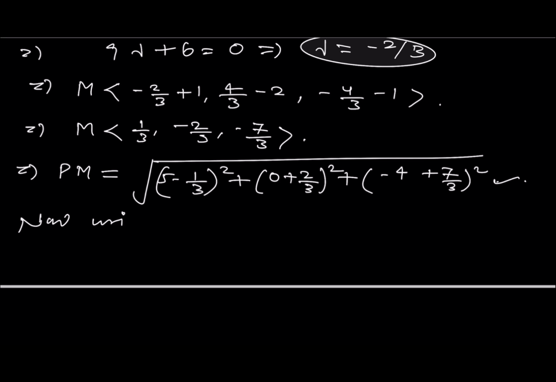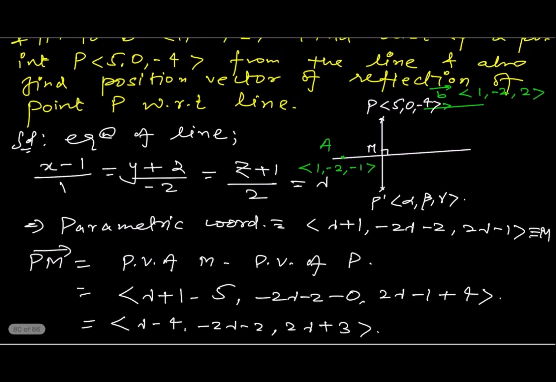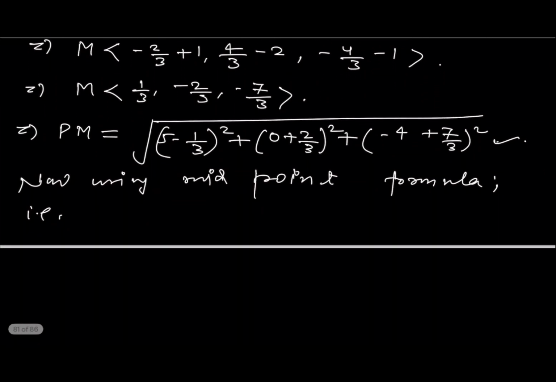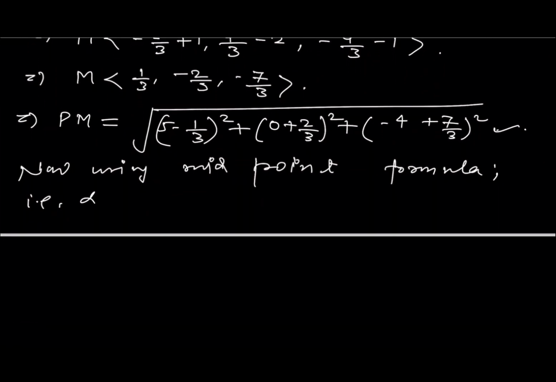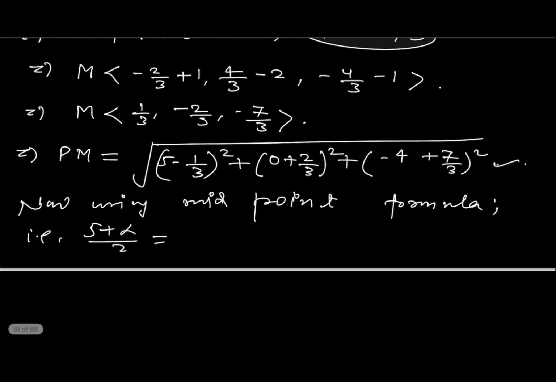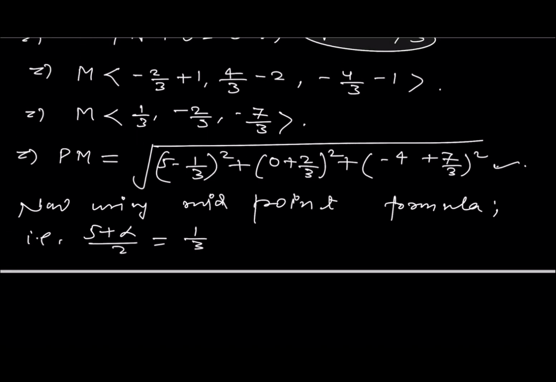So using the midpoint formula, (5 plus alpha) by 2 is equal to 1 by 3.